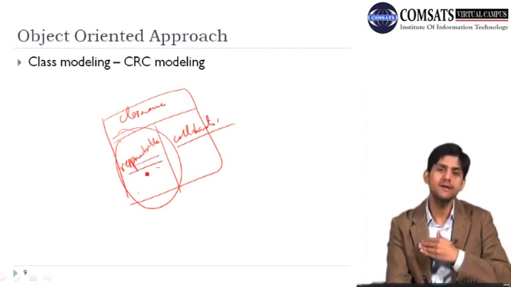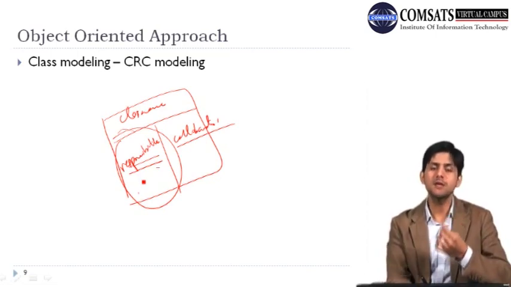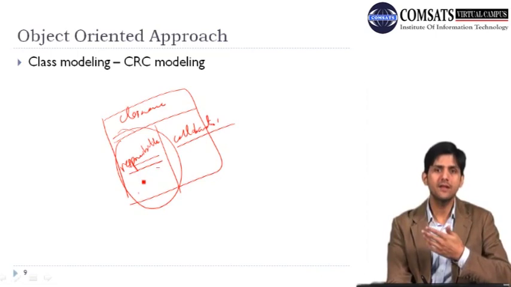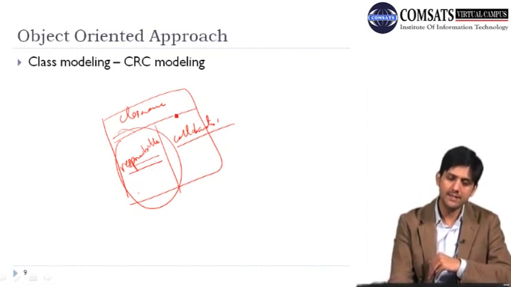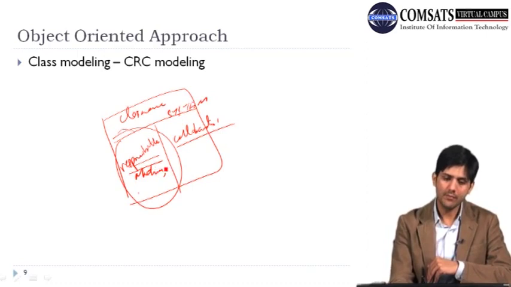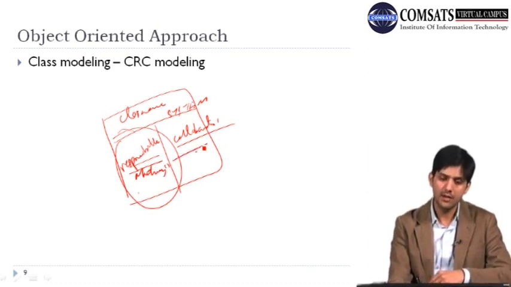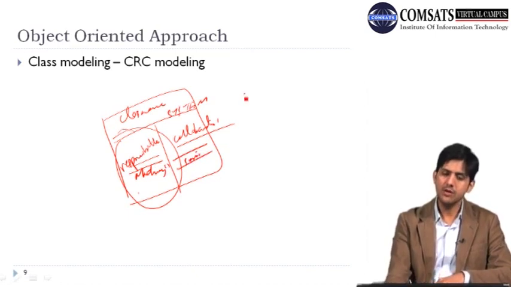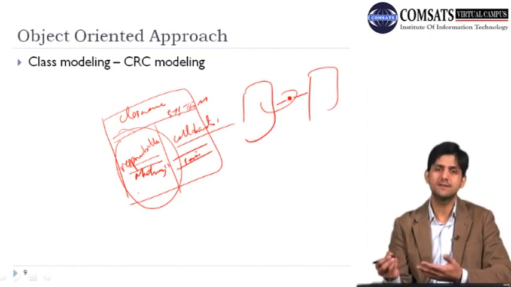For example, monitoring sensors was the responsibility of the system class, but the system class cannot do it without collaborating with the sensor class. So let's say this class was system, and one of its responsibilities was monitoring, but it cannot perform this monitoring responsibility without collaborating with the sensor class. So we know that the system class needs to have an association with this sensor class.